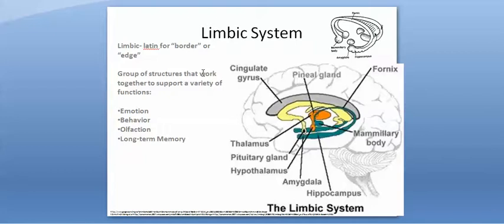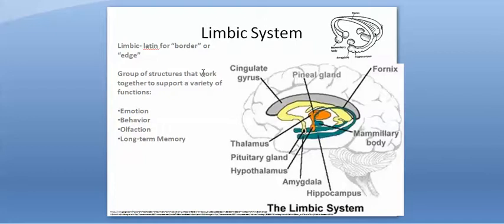If you can't survive, you can't reproduce. And even if you survive and you can't reproduce, you can't send your genes on to the next generation. So this limbic system is super important in terms of being able to do that, of surviving in the gene pool.